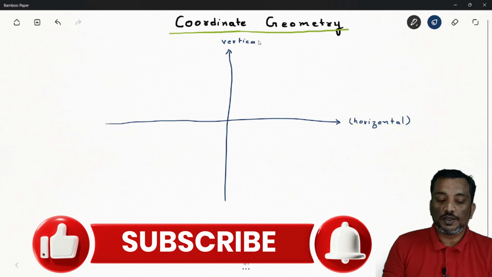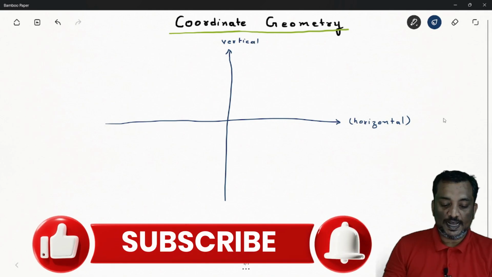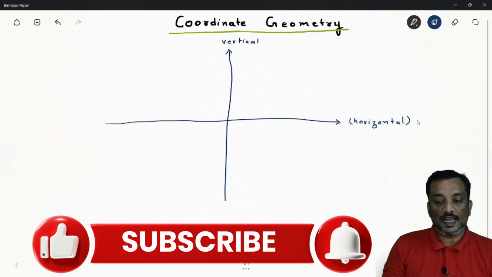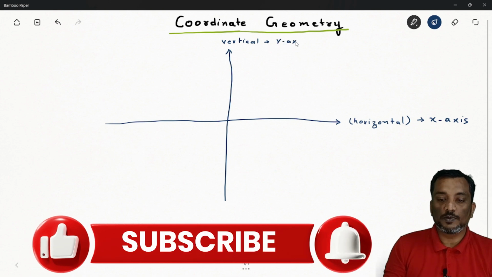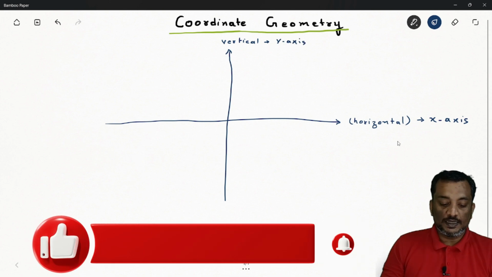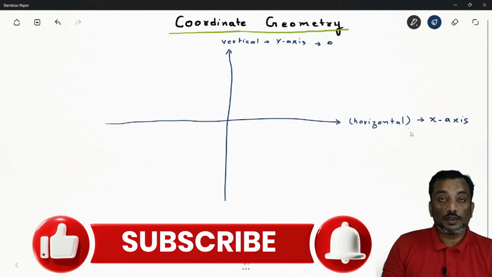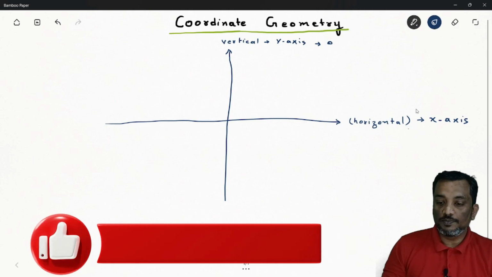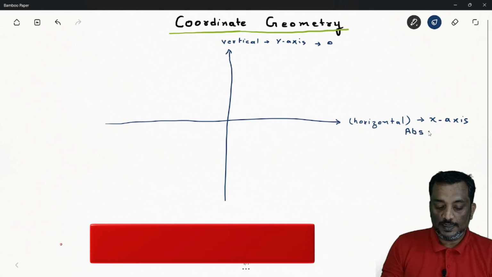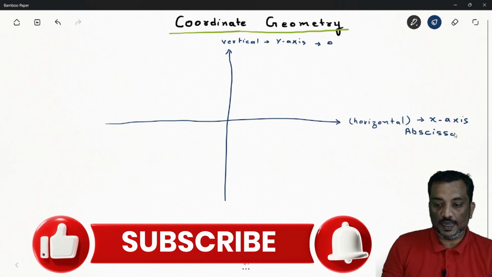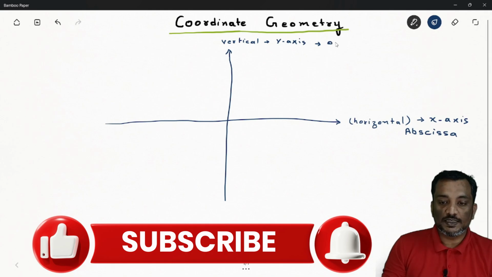The horizontal axis we call the x-axis, and the vertical axis we call the y-axis. Along with that, we can call the horizontal axis by another name, that is abscissa, and the y-axis we can call ordinates.